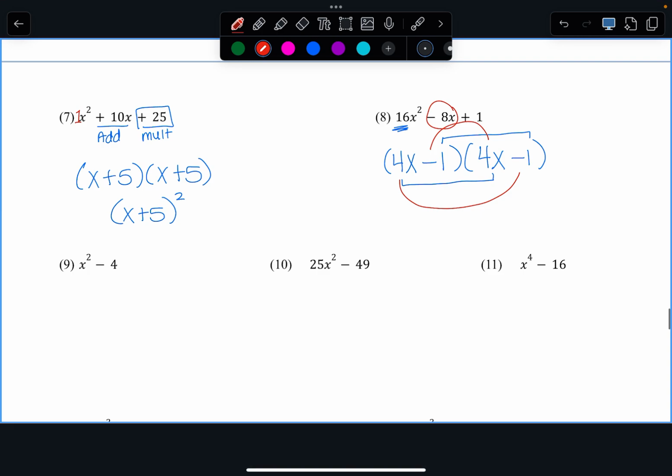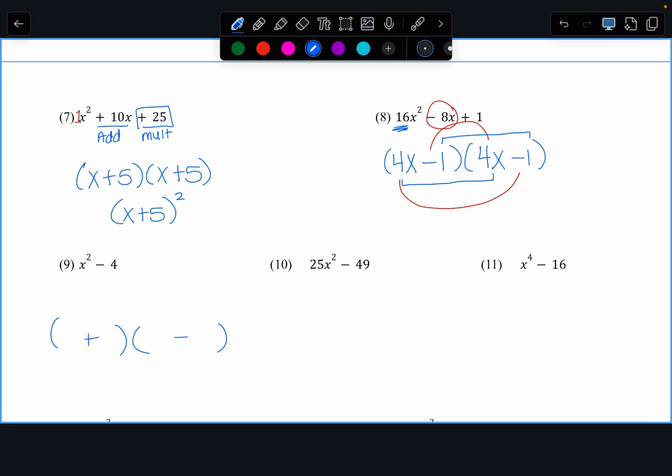Number 9 should be a little easier, I hope. Do x squared and negative 4 have anything in common? No. But there's only two pieces and there's a minus sign between them. That tells me one's going to be plus, one's going to be minus because my middle terms cancel.